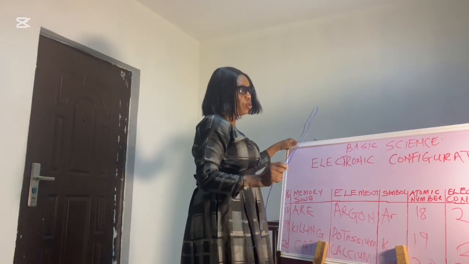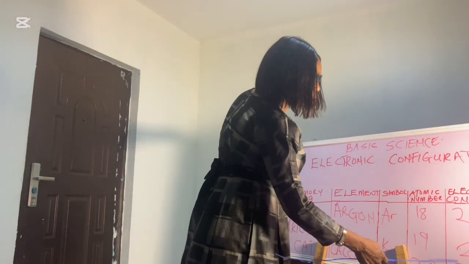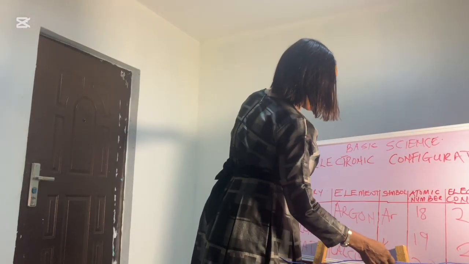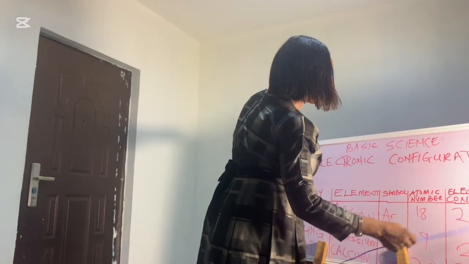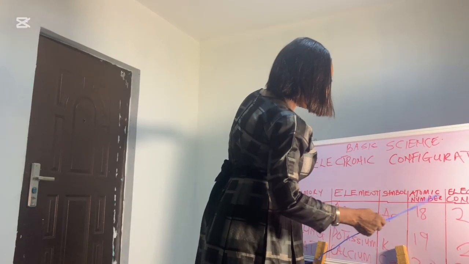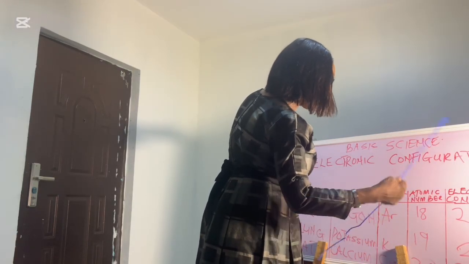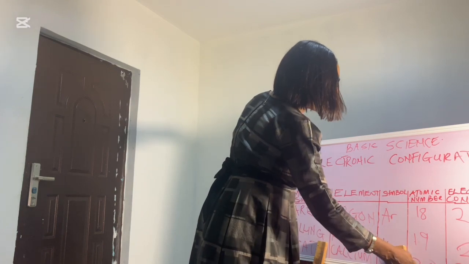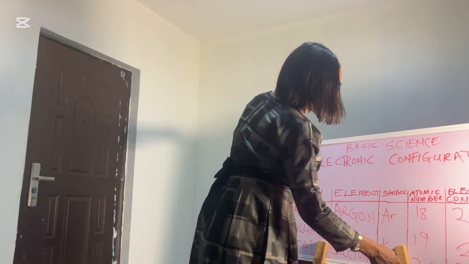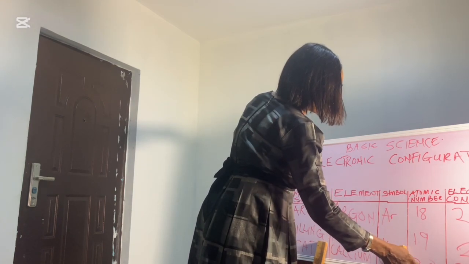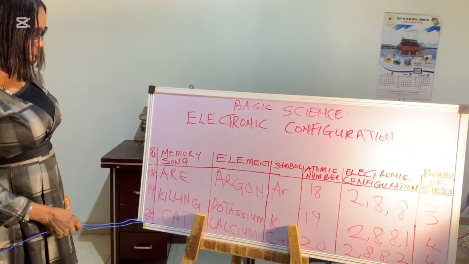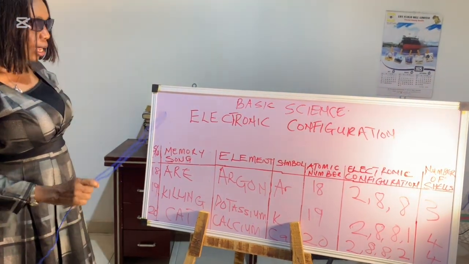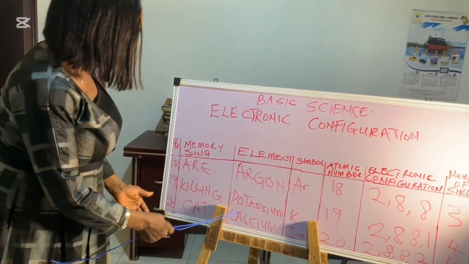Now, how would the electrons be distributed? The innermost shell after the nucleus will take 2. The next one takes 8, as we have been doing since we started. Then the next one takes 8 according to the rule. Then it remains 2. That's 2 plus 8 is 10, plus 8 is 18. Then the remaining 2 will go to the next shell. So the cat is calcium.